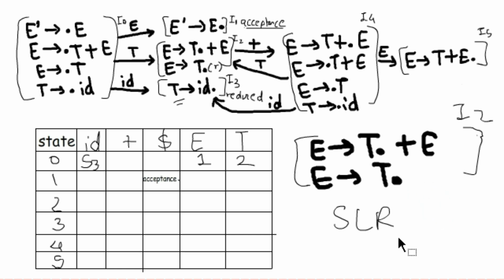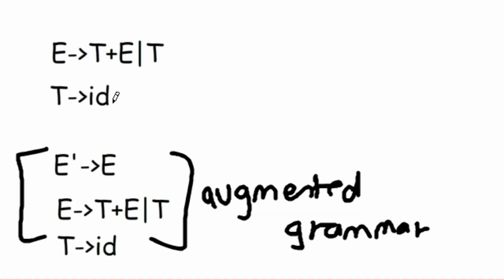In case of SLR1, you have to go back to E and find follow of E. Let us go back to our first question. What is follow of E? This is E, and since after E there is no other symbol, you will go back here and you have to find follow of the start symbol. Follow of the start symbol is always a dollar.